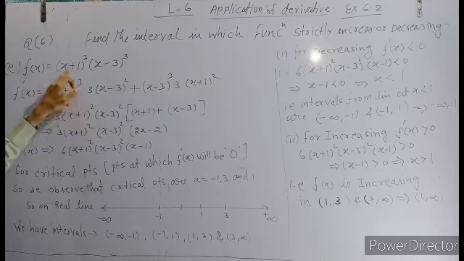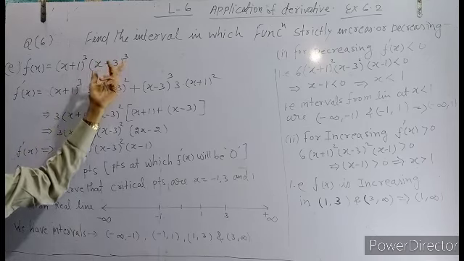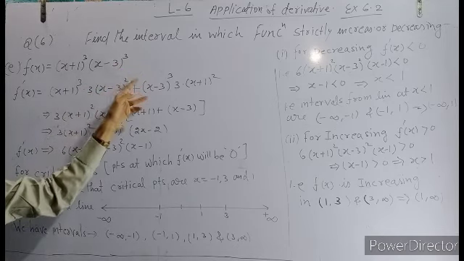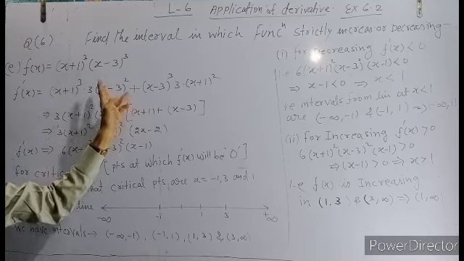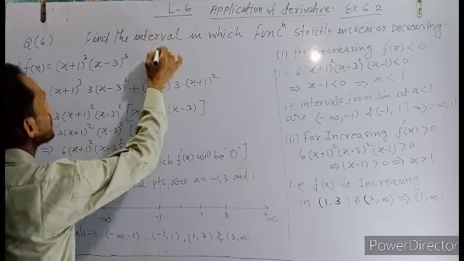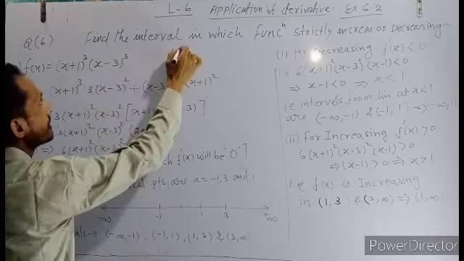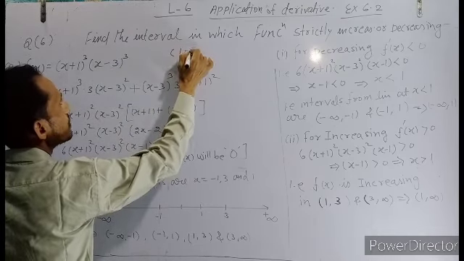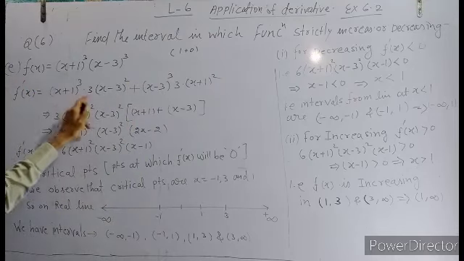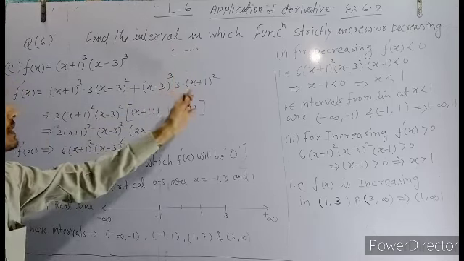For (x plus 1) whole cube, the derivative follows the x raised to the power n rule: 3 comes in front and the power reduces by 1. The derivative of x minus 3 is 1 minus 0, which is 1, so there is no need to write that third step. The same applies to the second one.